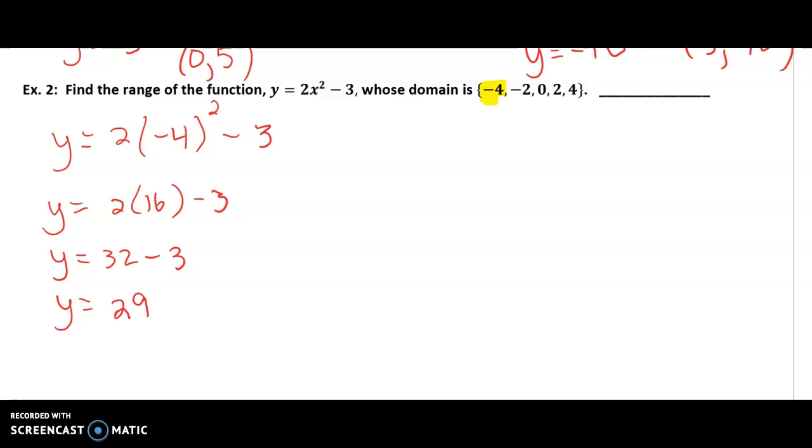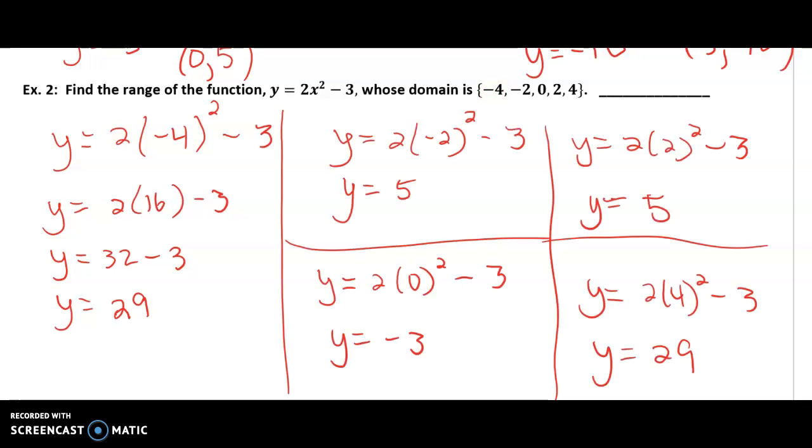Now we're going to repeat that same pattern, plugging in these different domain values. Here are all 5 of the output values that we get. Now we need to arrange these in a set, and it's going to represent the range.